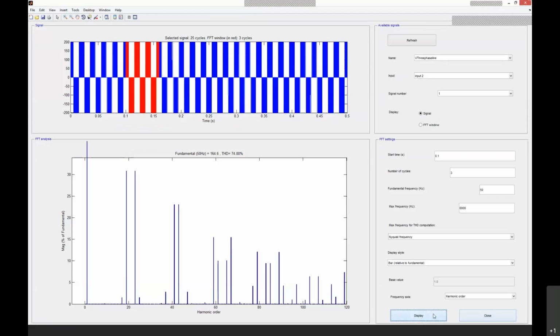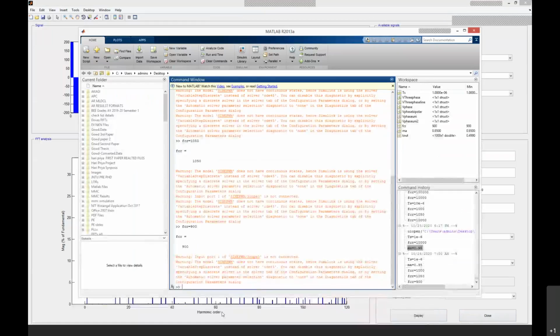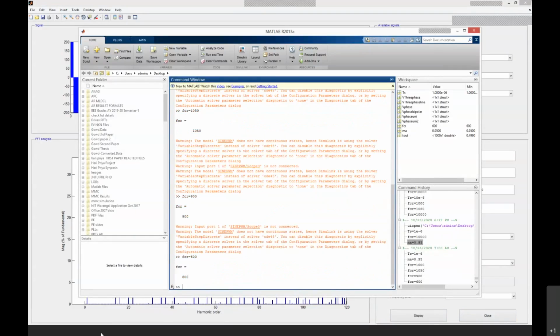This is corresponding to 950, right? You may still reduce that. Give 550.